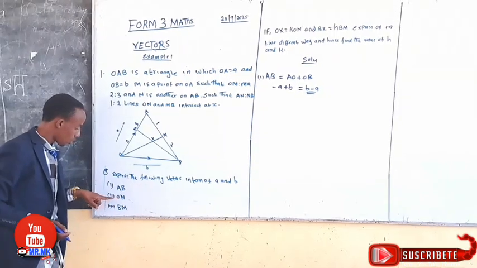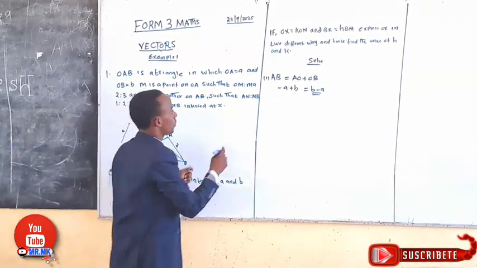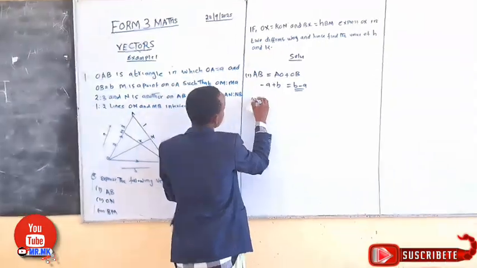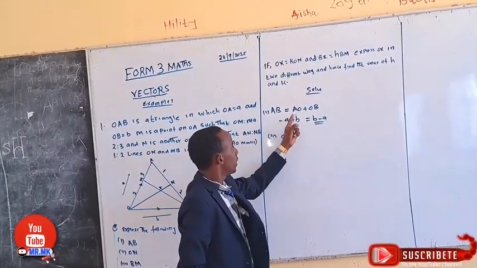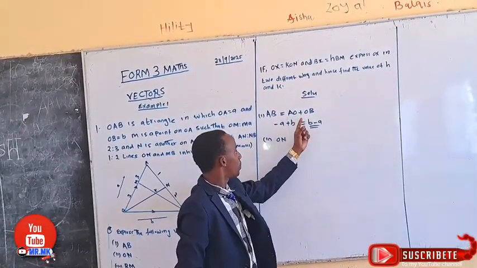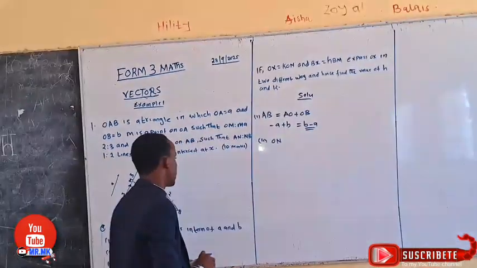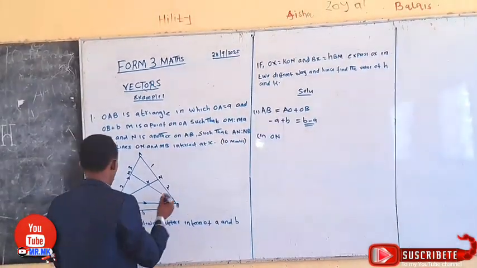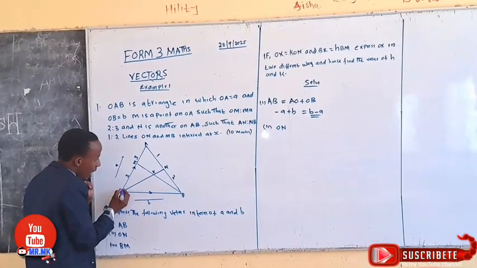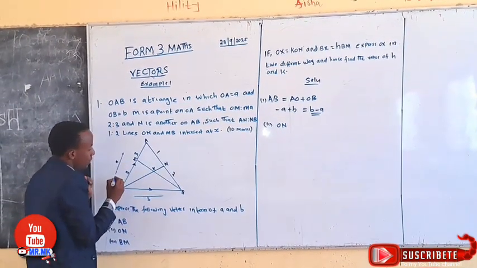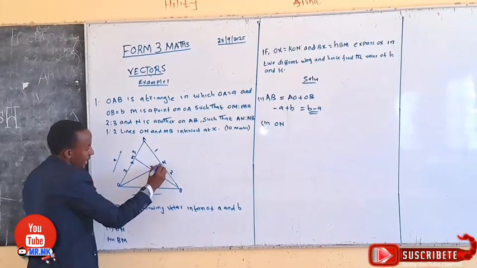Let's go to Roman 2, ON. ON is from here up to here.